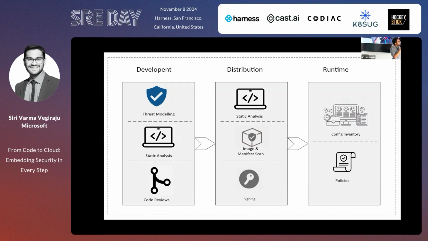Once that is done, you have the distribution phase, which helps you create secure artifacts that can actually be deployed to production. And once that is done, you have your runtime, where you can start with configuration inventory and policies, and then move on to security posture management and so on.